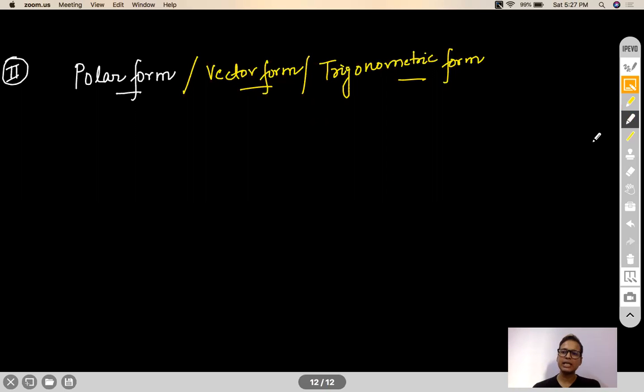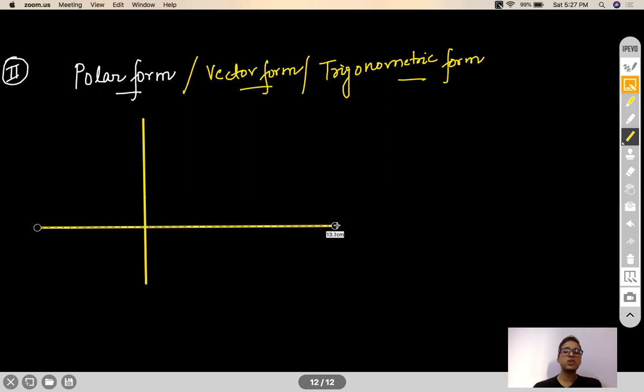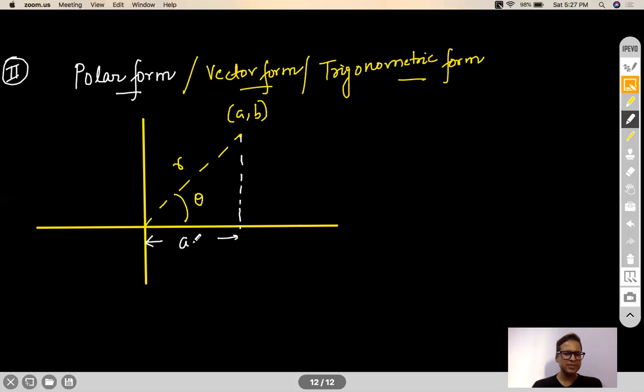Now, please understand here. The concept of polar form representation has come from the concept of writing a point in the Cartesian form in terms of the polar form. So if we write a point (a, b) in terms of r and theta, how will you write it? Simple: a is nothing but this length, and b is nothing but this length.